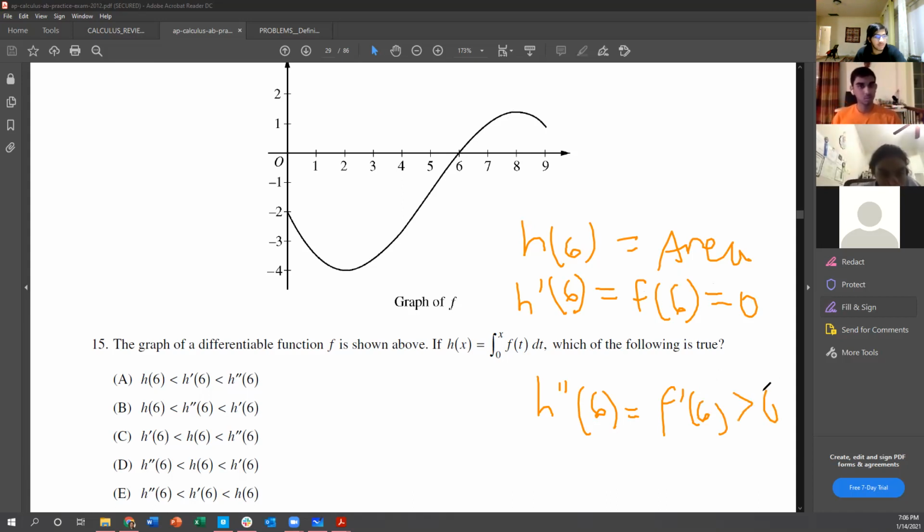It's some sort of positive number. We don't know yet. If h of 6 is the area, or the accumulated net change, the net change is negative, right? So this is less than 0. So we know that the order is h of 6 is less than h prime of 6 is less than h double prime of 6, which should be A. Agree with that? Okay, so this is your classic FTOC problem.